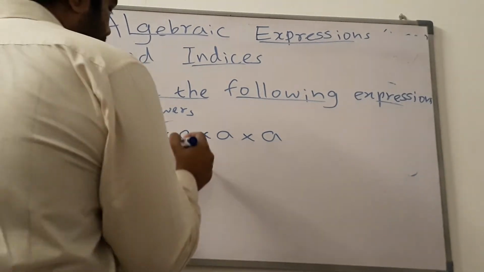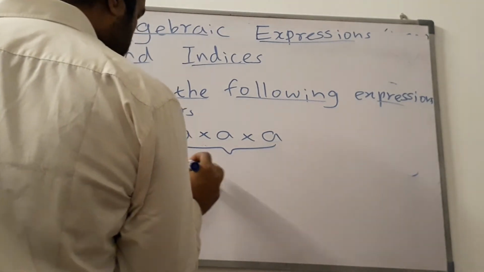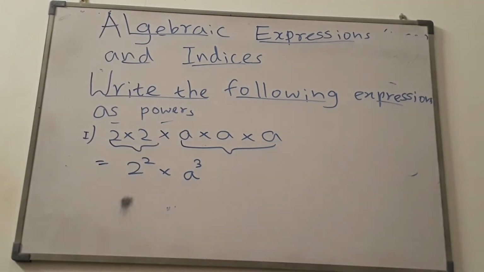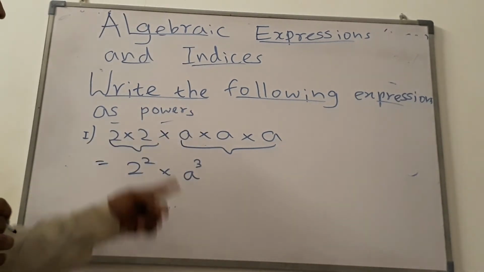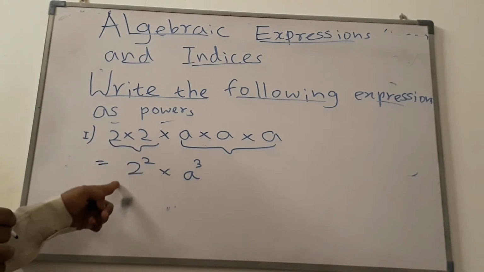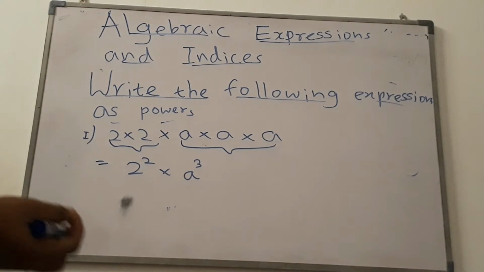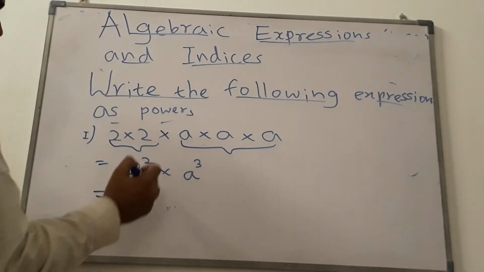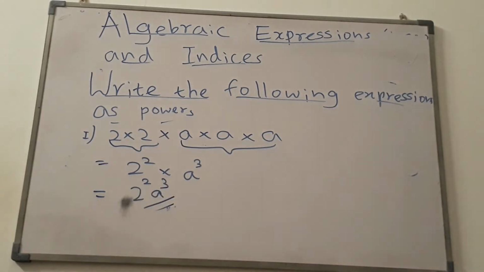A by itself 3 times means we can write it as a to the power 3. Once we expand it like this, we can write it as a product of 2 bases with the indices. So we can combine this like this. This is the answer for the first question.